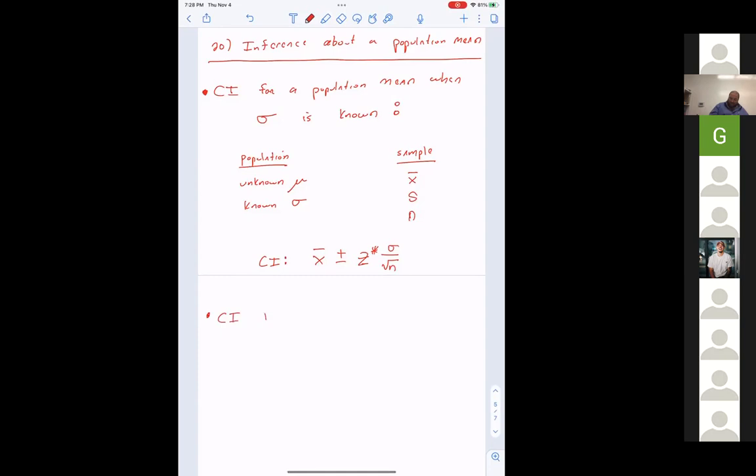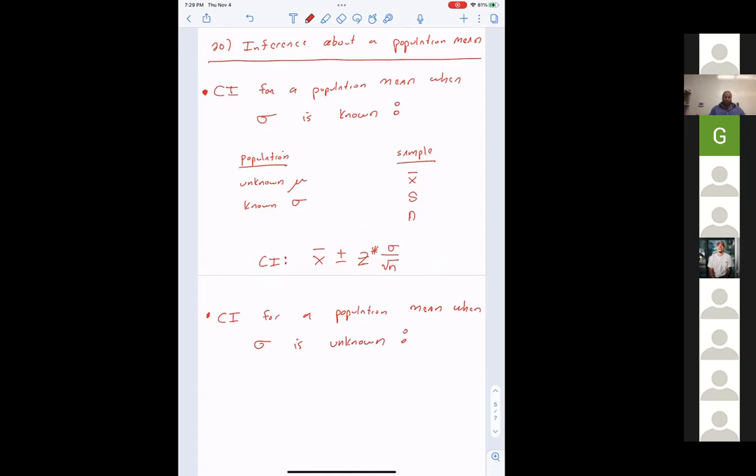So what about a confidence interval for a population mean when sigma is what? Can anyone guess? Unknown. What about the confidence interval for a population mean when sigma is not known? What is wrong with this formula when sigma is not known?